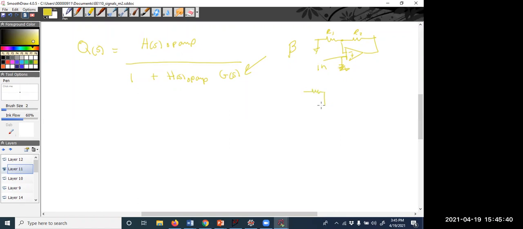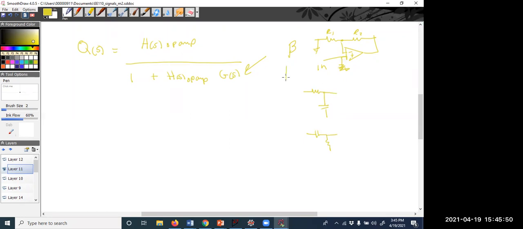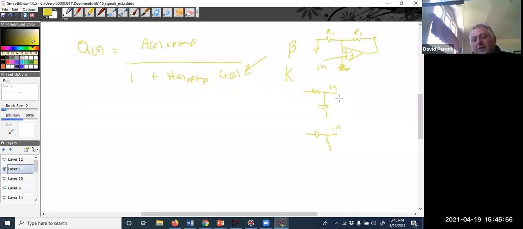So does G(s) depend on whether it's proportional or derived? In this case, it's all proportional, and I could call it K. But here's, in a way, the trick.